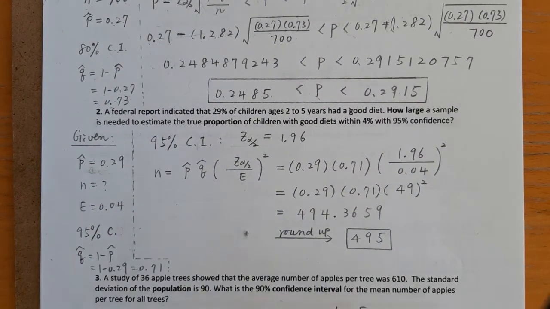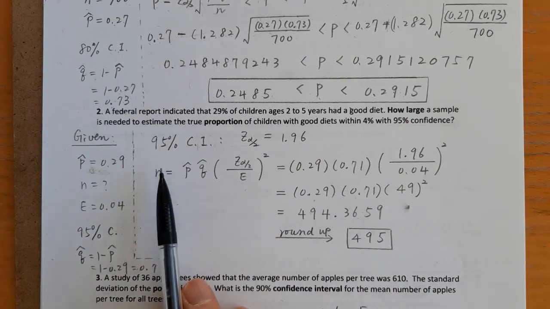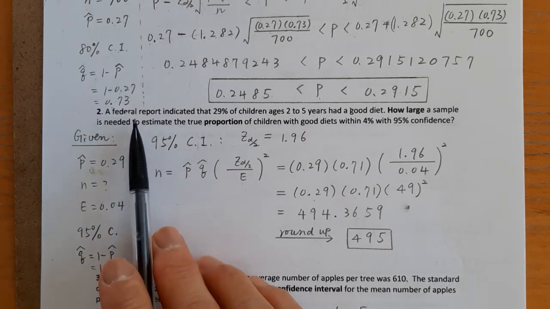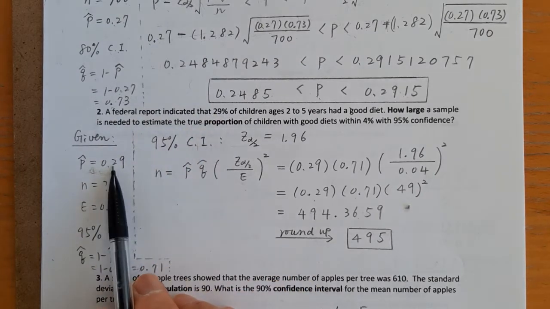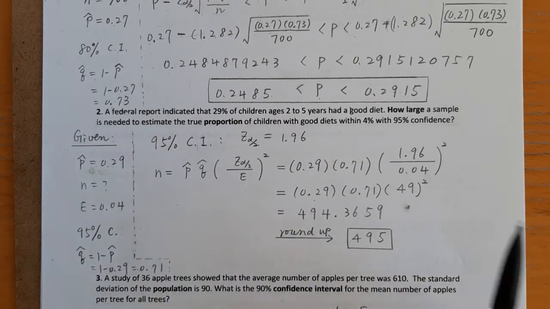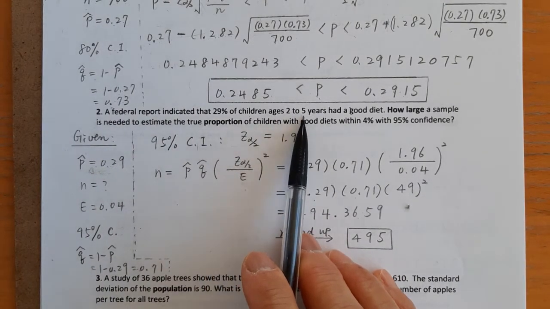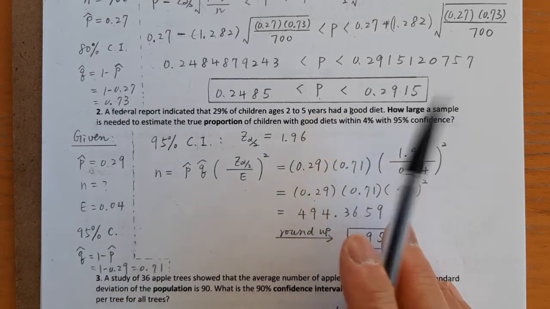The next one: find the sample size for a proportion. A federal report indicated that 29%, which is p hat equals 0.29, of children aged 2 to 5 years had a good diet.